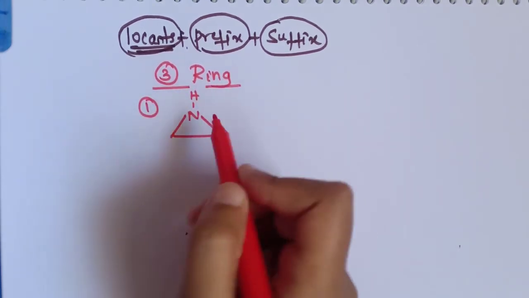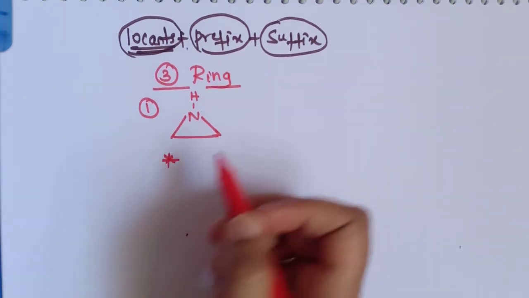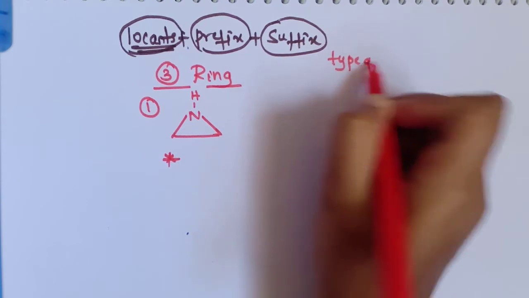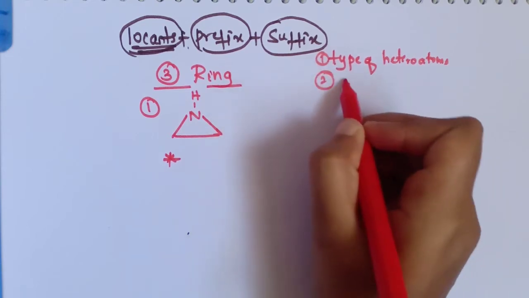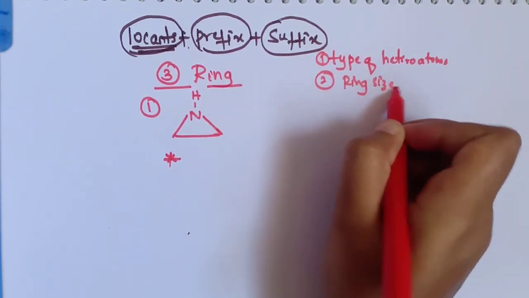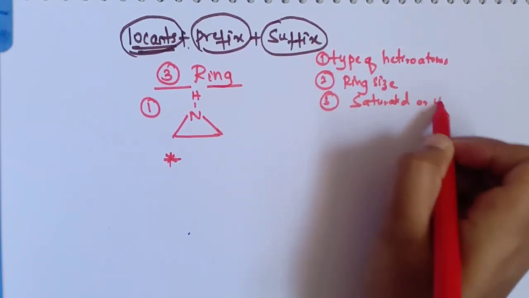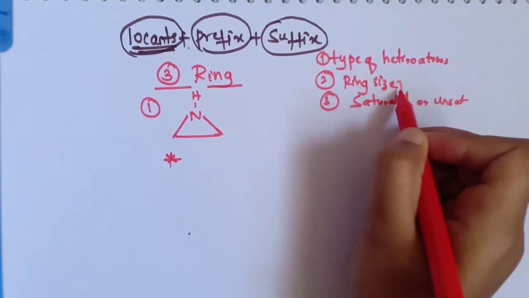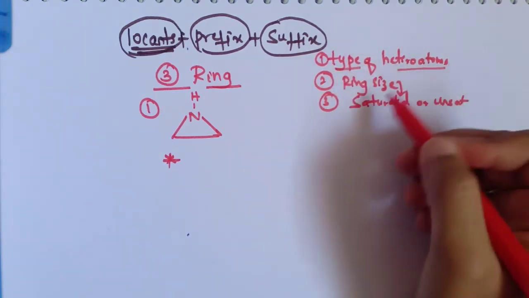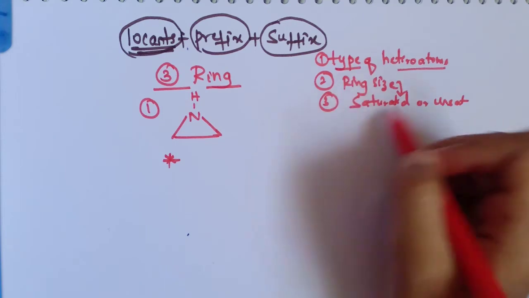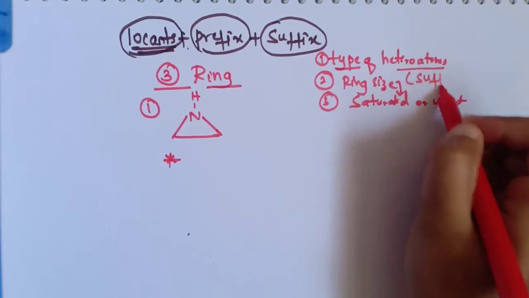First we should check the type of heteroatoms, and the next one is ring size, and the third one is whether it is saturated or unsaturated. The ring size is involved in the table, so no need to mention it separately. First we should see the type of heteroatom, and next the ring size. That is the table, that is the suffix.